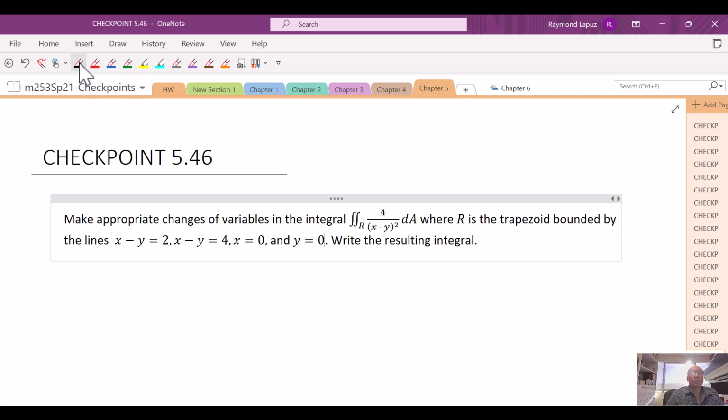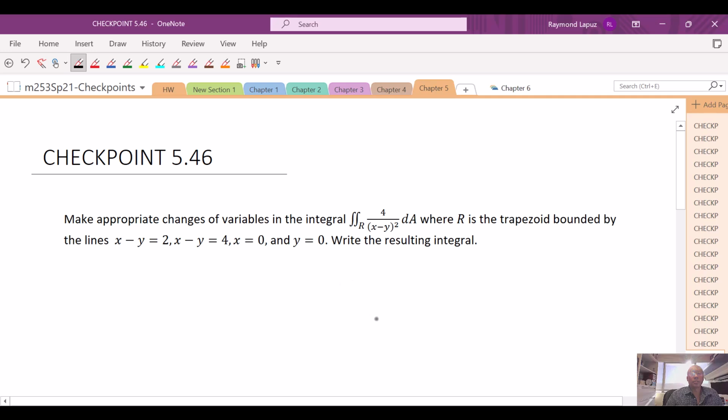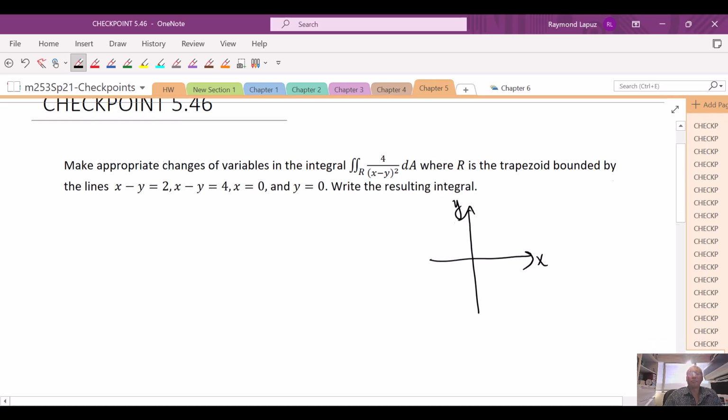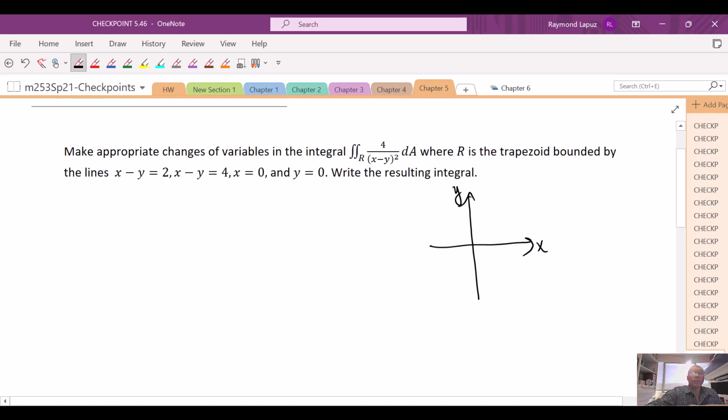Alright, the first thing we probably would like to do is to draw out our x and y region. We'll call this capital R, which is what they have. I have the line x minus y is equal to 2.